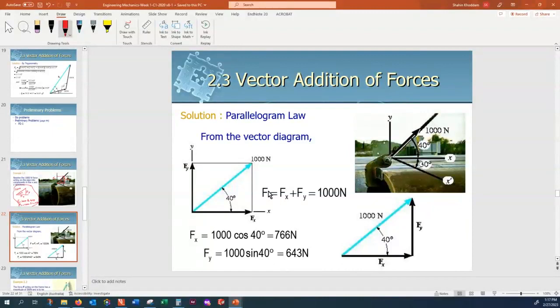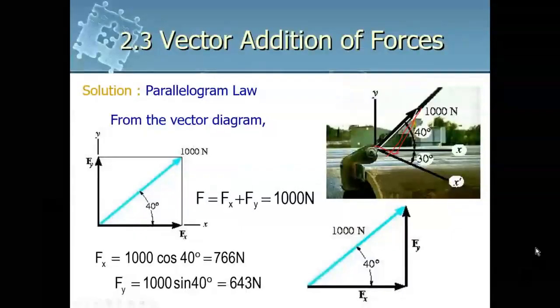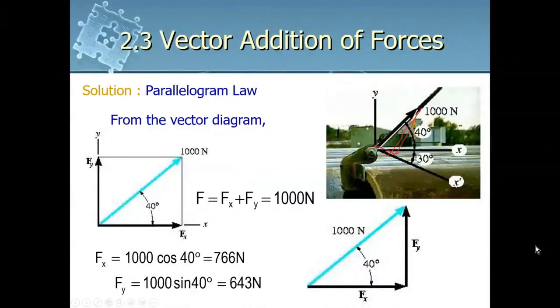So how do I do it then? If I have a new coordinate system, x prime, the difference is this time 1000 should be projected over this one, and then the right angle would be like so. If I want to, this is Fx prime.